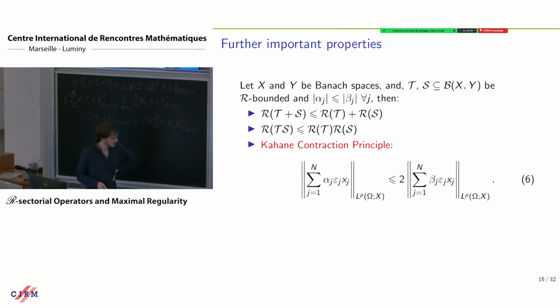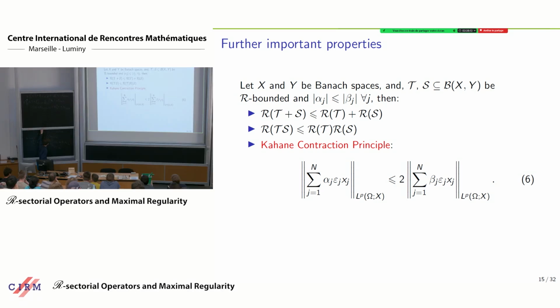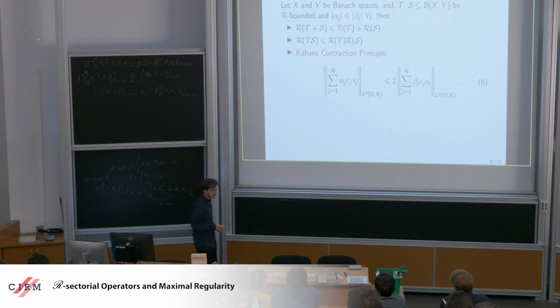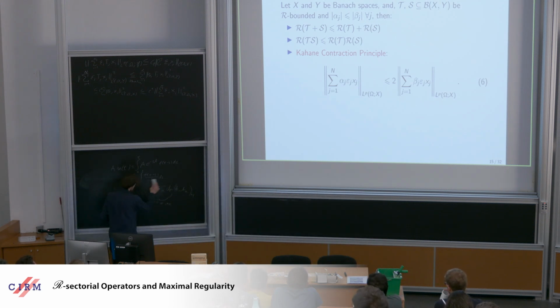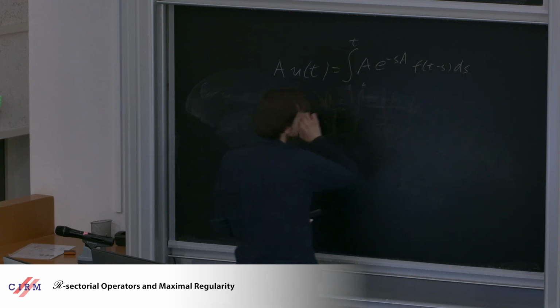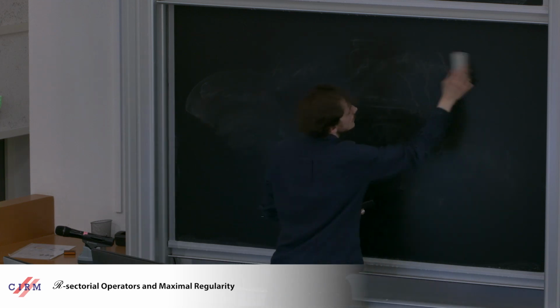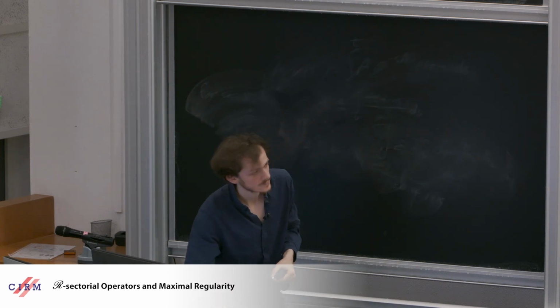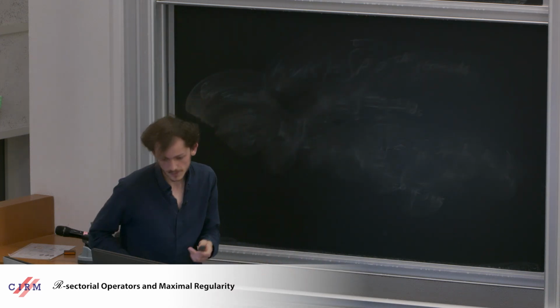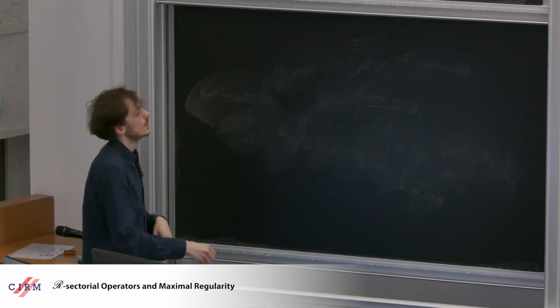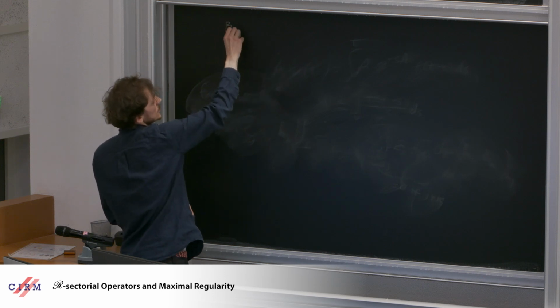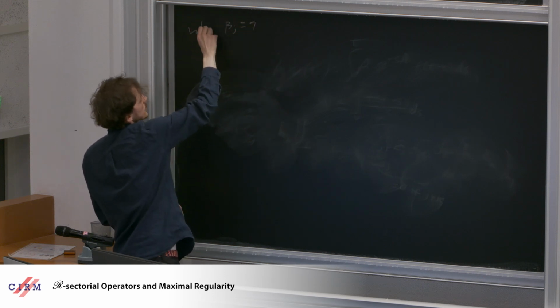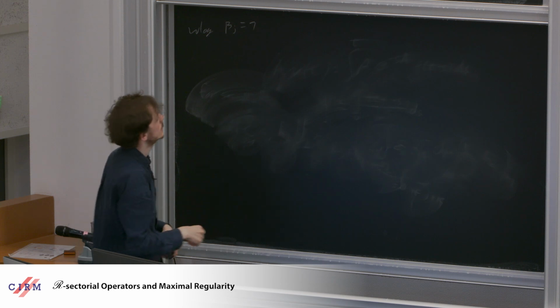Then the Kahane contraction principle. So here we can consider without loss of generality beta j is equal to 1 for the proof.